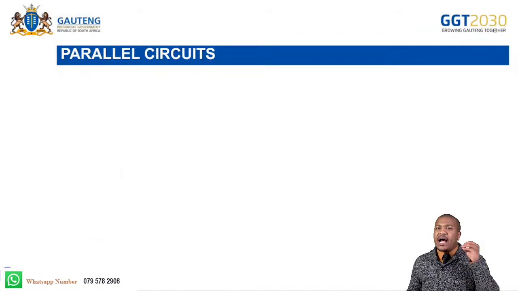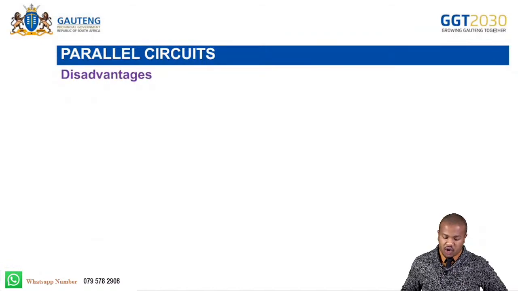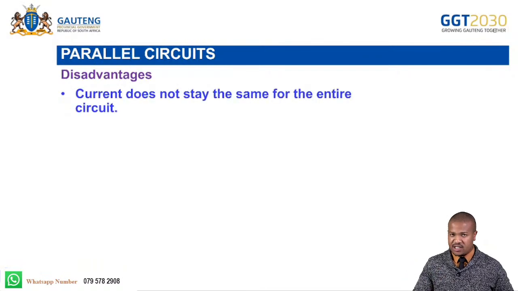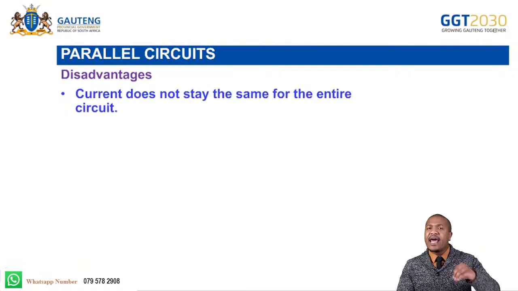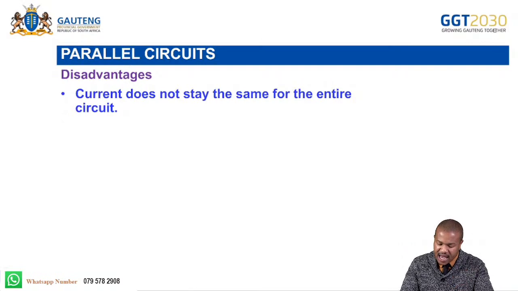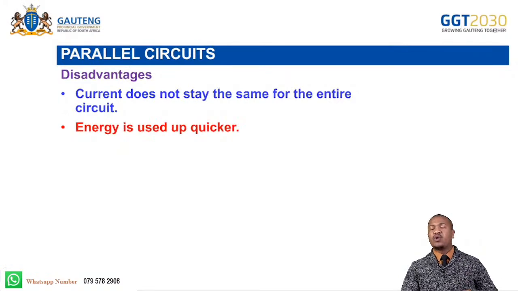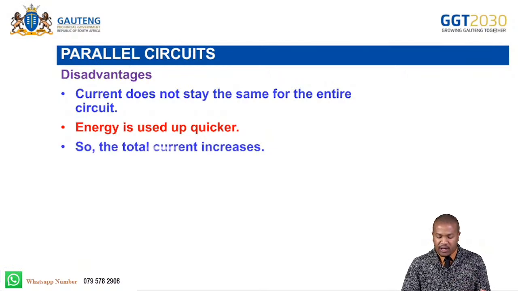But now, also, there are disadvantages to a parallel circuit. Looking at the disadvantages now, current does not stay the same for the entire circuit, because energy is used up quicker. But how?